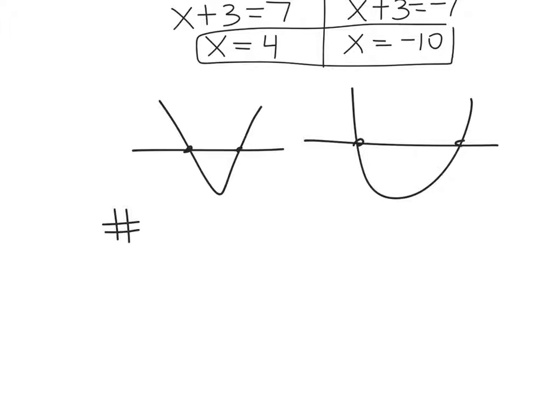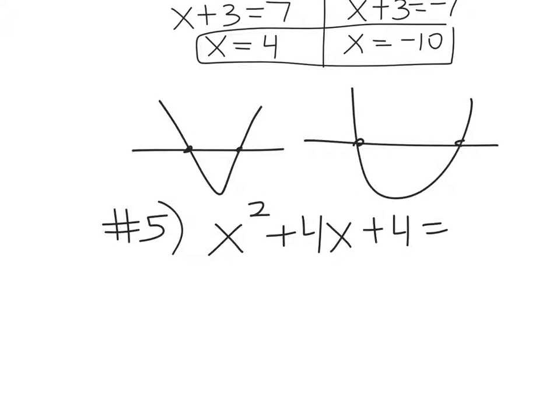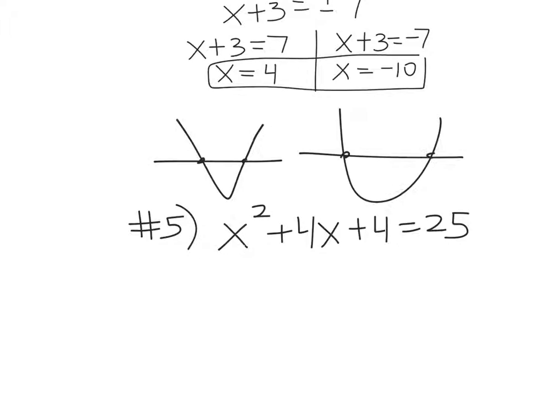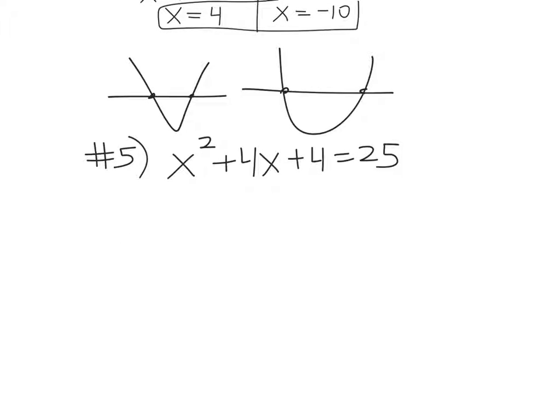Number 5. Let's say that there's like 3 parts to this thing. I'm kind of teaching them all separately, and then we put them all together. So let's say we have a perfect square trinomial like this. X squared plus 4x plus 4 equals 25. Now, everything on the left, that's a perfect square trinomial.